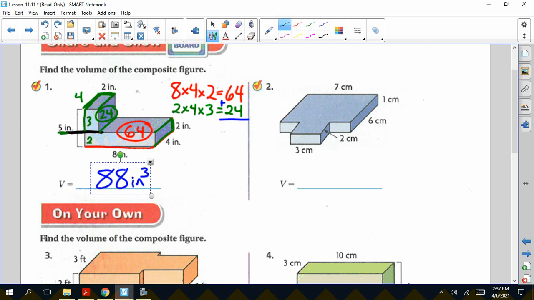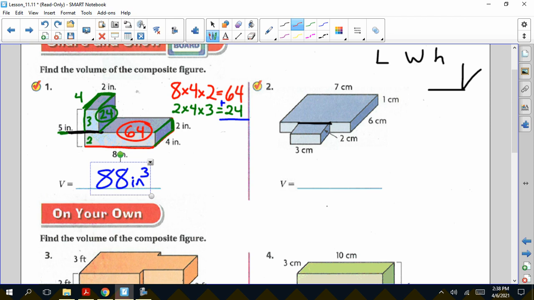Number 2, we can cut off this small piece right here. And again, we're looking for a length, a width, and a height. So we're looking for a line that runs side to side, diagonal towards the back, and then a line up and down: length, width, and height.